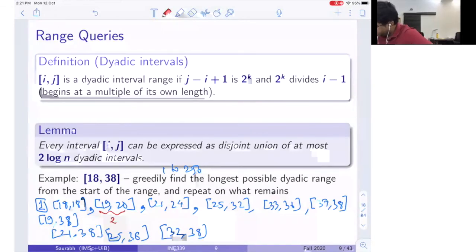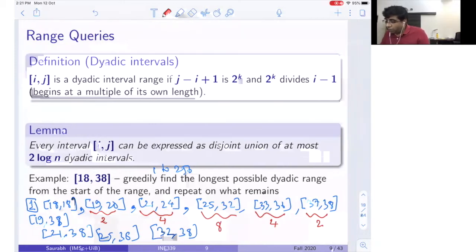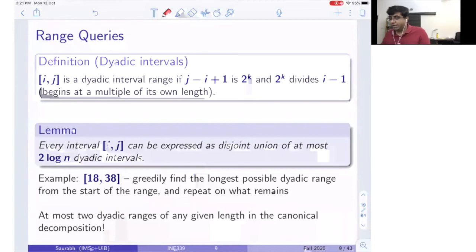This is 1 and this is 2. How many of length 4 are there? And this is of length 8. So I want to say that there are at most two dyadic ranges of any given length in the canonical decomposition.